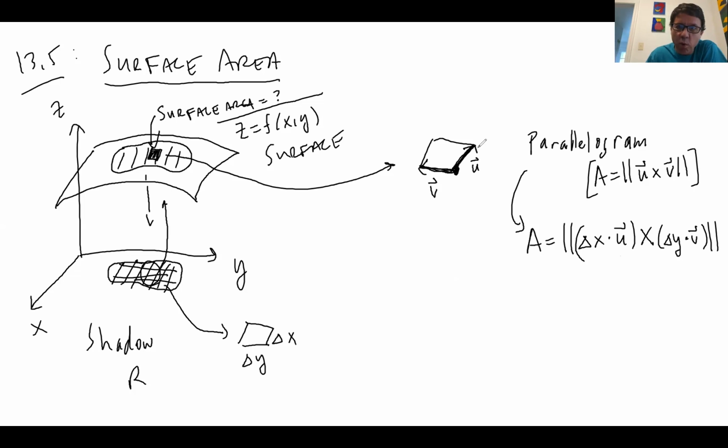But where these things come from is that u is going to be the slope in the x direction. So this will be the direction for the x slope, and v is going to be the direction for the y slope.